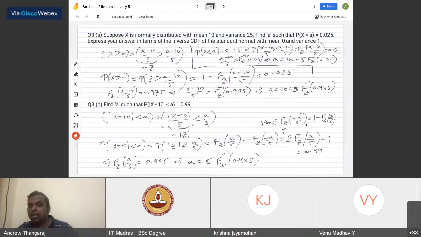You see that? This is a little bit tricky. Think about why this is true. Fc of minus a by 5 is 1 minus Fc of a by 5. It's the same sort of property that we had before, right? So you notice this guy: you have minus a by 5 here, I have a by 5 here. What is Fc of minus a by 5? It's this guy, right?